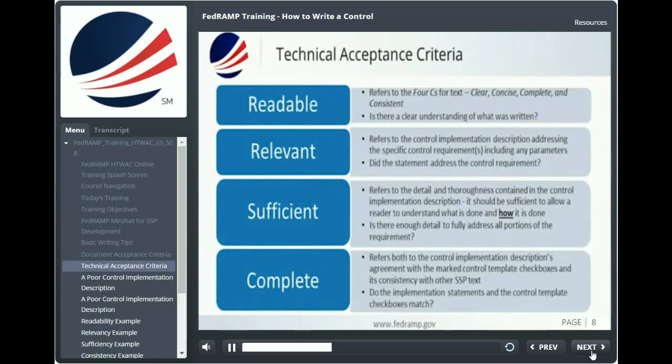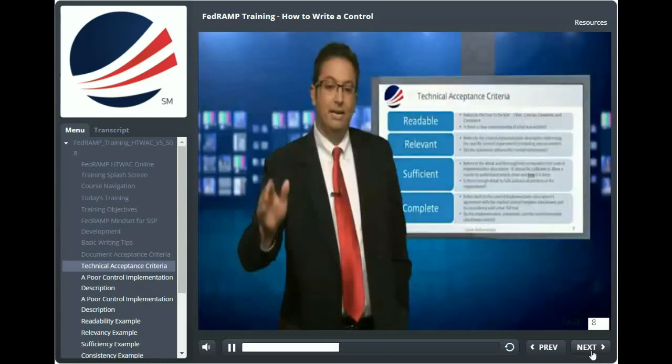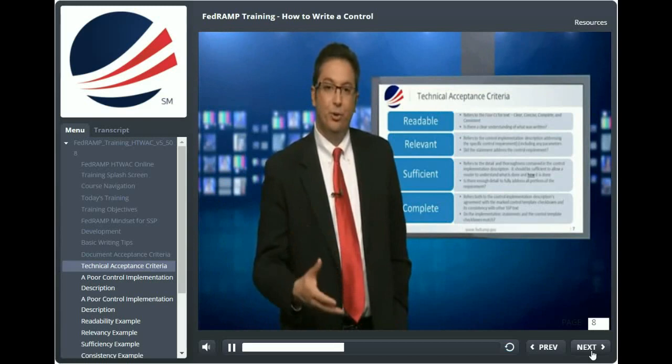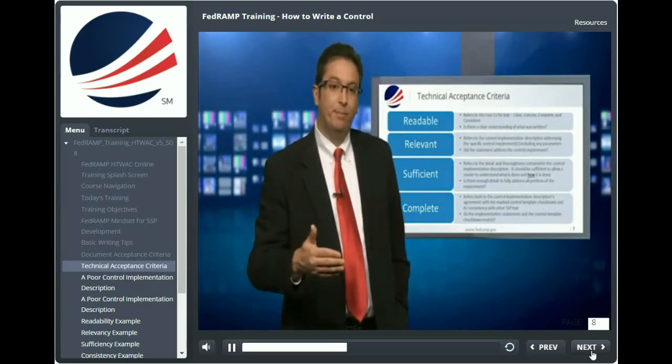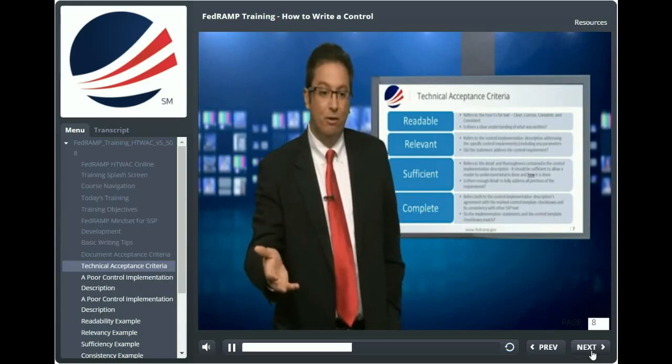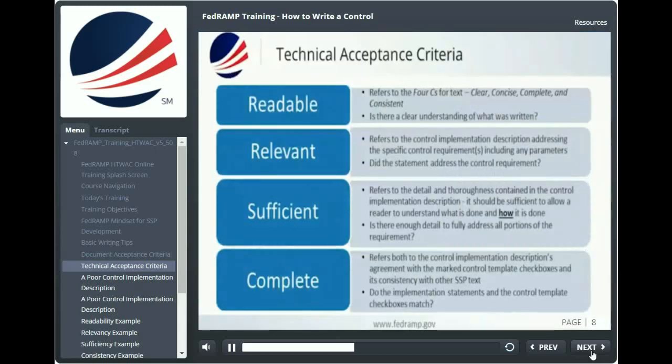So, like I said before, a jumping off point would be to say XYZ does account reviews. Great. Now explain how you do them, how often. Make sure you are in check with the parameter constraints. Keep in mind the assignments that are prescribed in the guidance when you read the control requirement. So that's sufficiency right there.